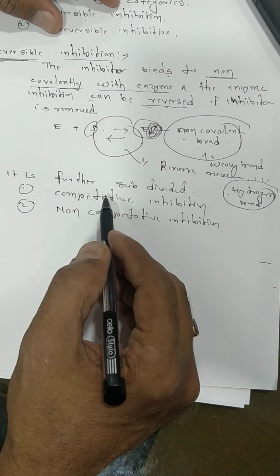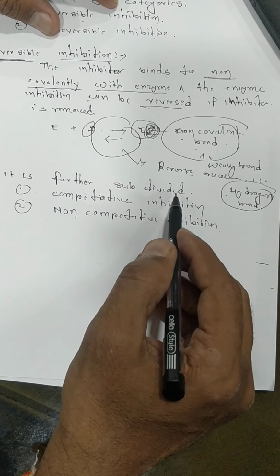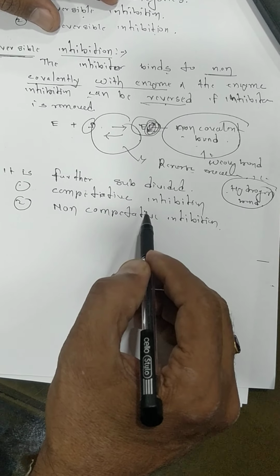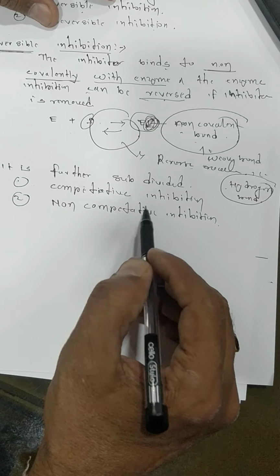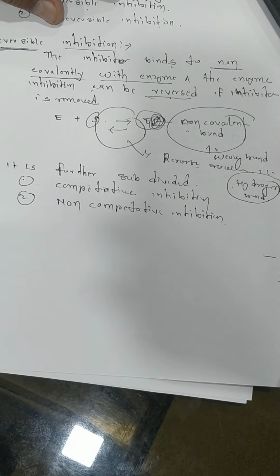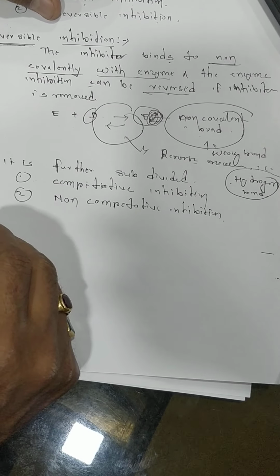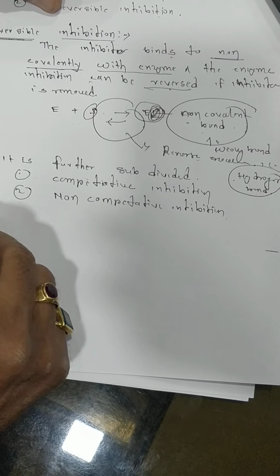Reversible inhibition can again be divided into two types: competitive and non-competitive. Now let us see competitive inhibition. Give the heading.